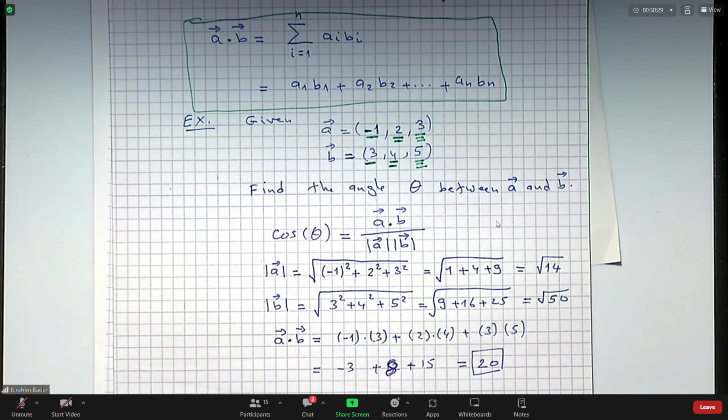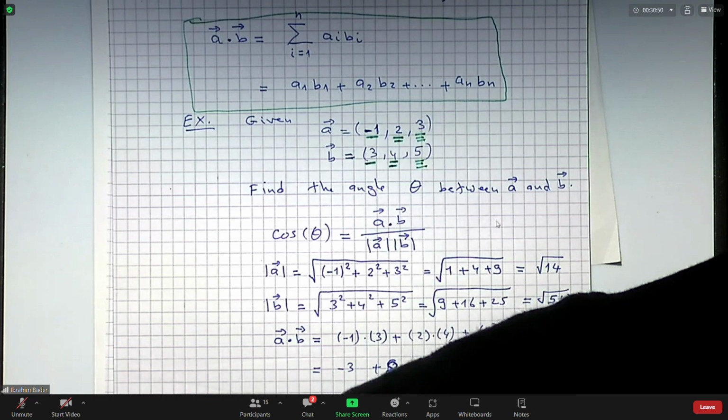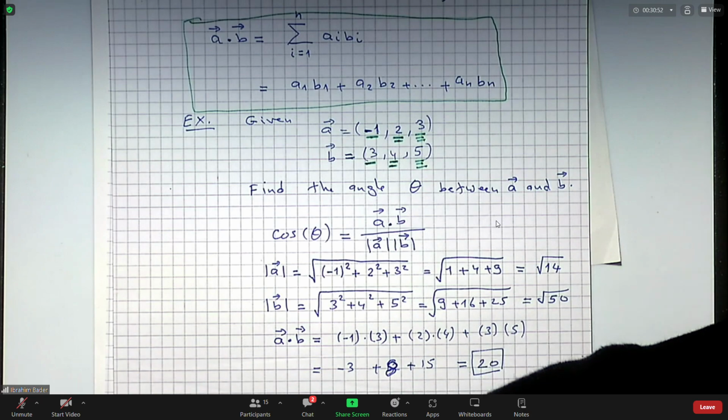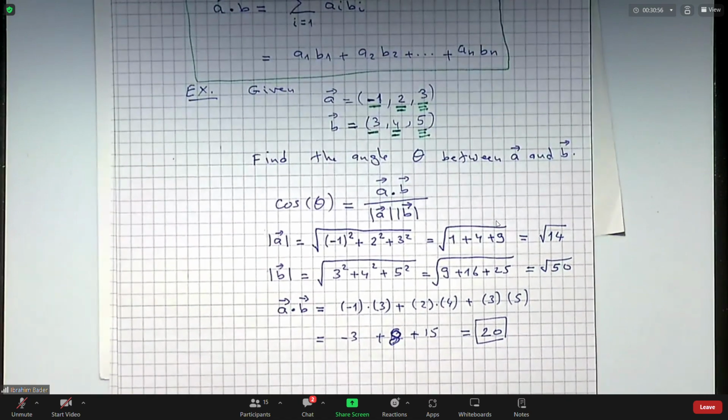Now, we still didn't solve the question here. We need to find the angle, and to evaluate this angle, we need to evaluate this ratio and plug it into our calculator. So now theta.